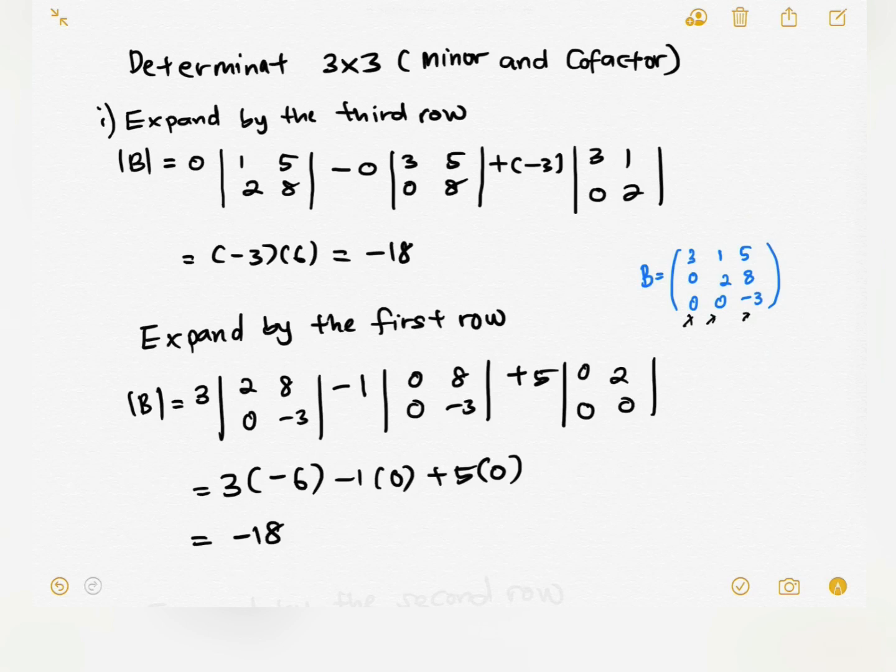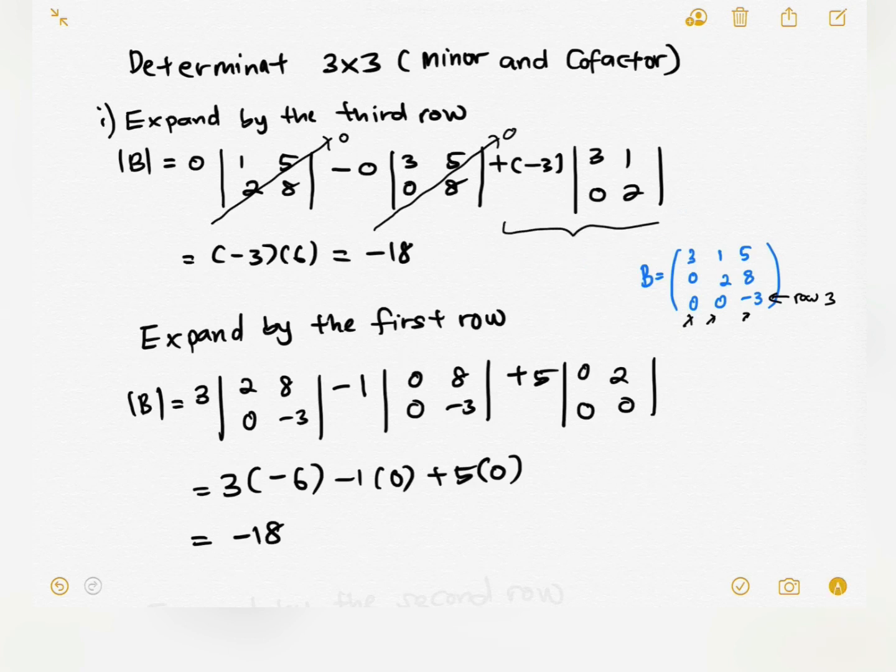It is easier if I choose the third row, because there are 2 zeros. Whatever times 0 will be 0, so this part will be exactly 0, this part will be exactly 0. So what's left is only my third part.